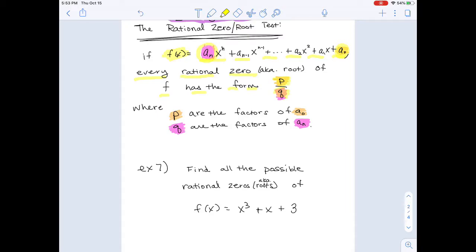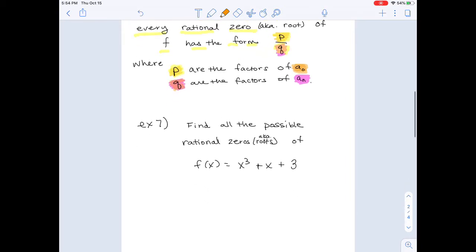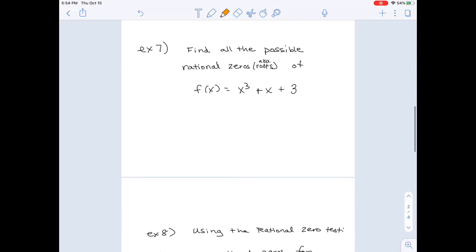And what that means, where p are all the factors of a sub 0 right here. I'm going to put this in orange. All the factors of a sub 0, this constant term here, are called p, and all the factors of a sub n, which is the coefficient on this term here, are called q.